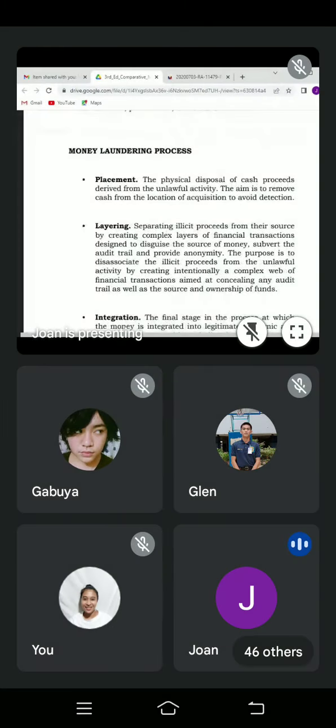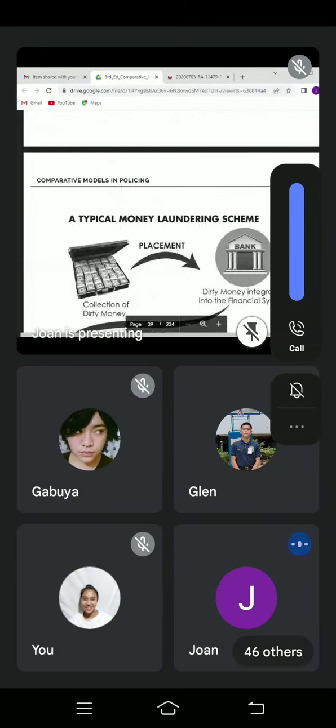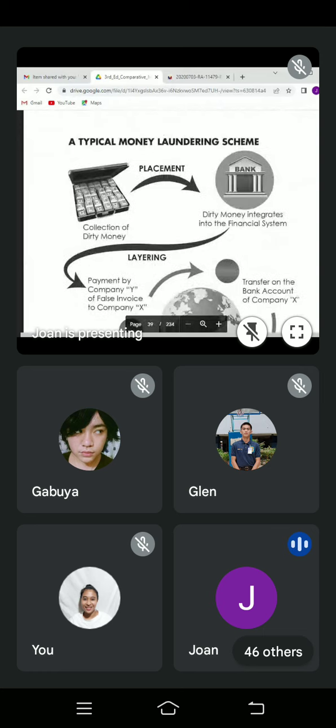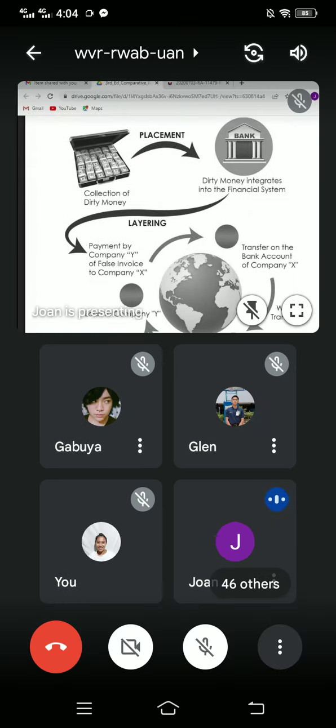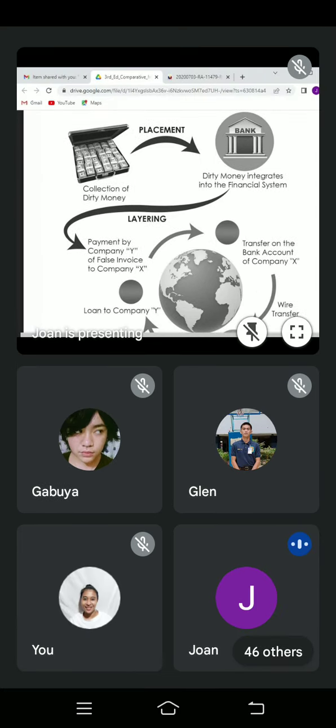Or illegal activities. Okay, so here's the typical money laundering scheme. The placement, the collection of dirty money. So this is the dirty money, okay? A money that is a proceed of illegal activities.